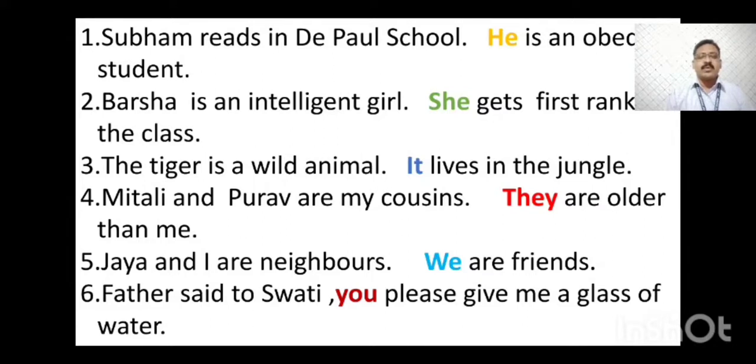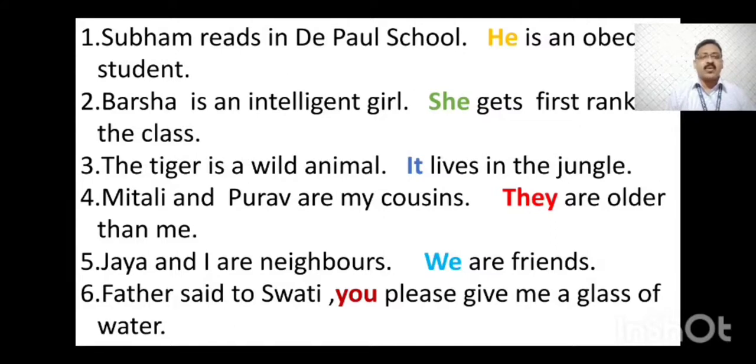Question number 4: Mitali and Purab are my cousins. Here both names are given, one boy and another girl. So if more than one is there, then we can use they.